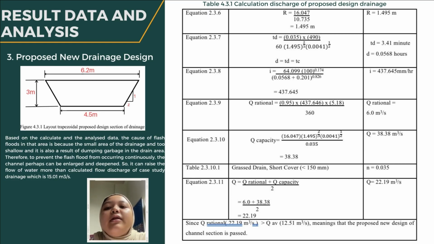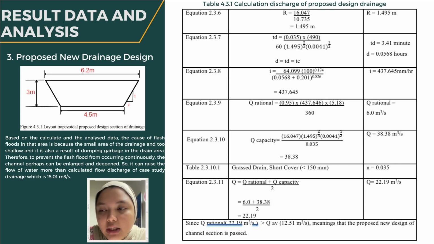38.38 meter per second. For table 2.3.10.1, we got the Manning roughness coefficient n is 0.035. For the last equation 2.3.11, we compare Q original and Q capacity and we get the total Q is 22.90 meter per second.